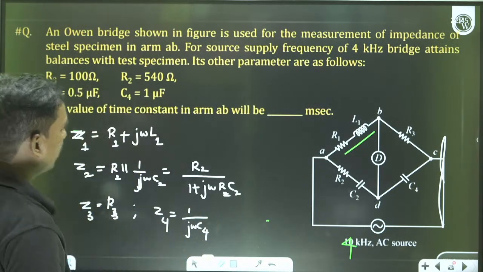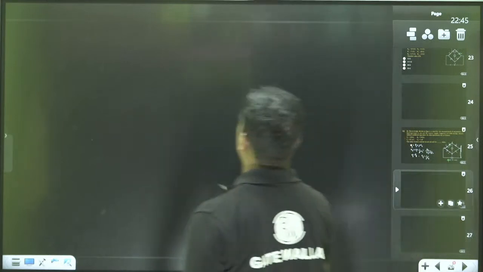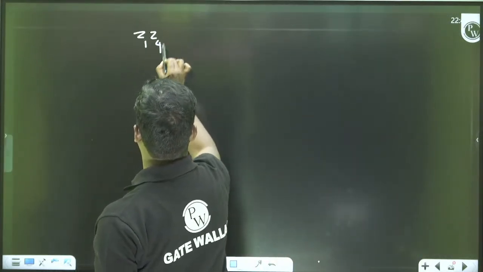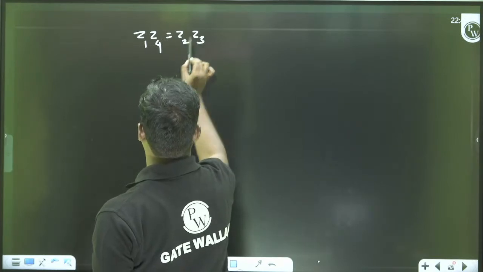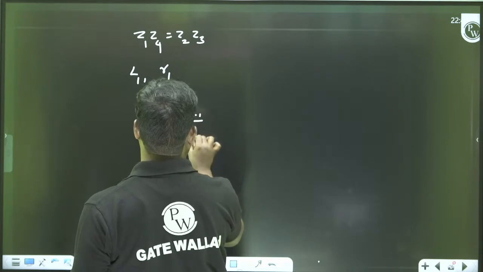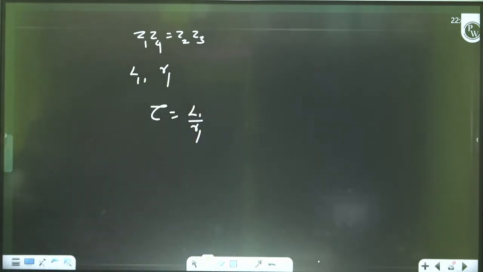First make this calculation, then use z1 z4 is equal to z2 z3 to find L1 and R1. Time constant is equal to L1 by R1. I am not explaining every step, so you can go through that methodology.